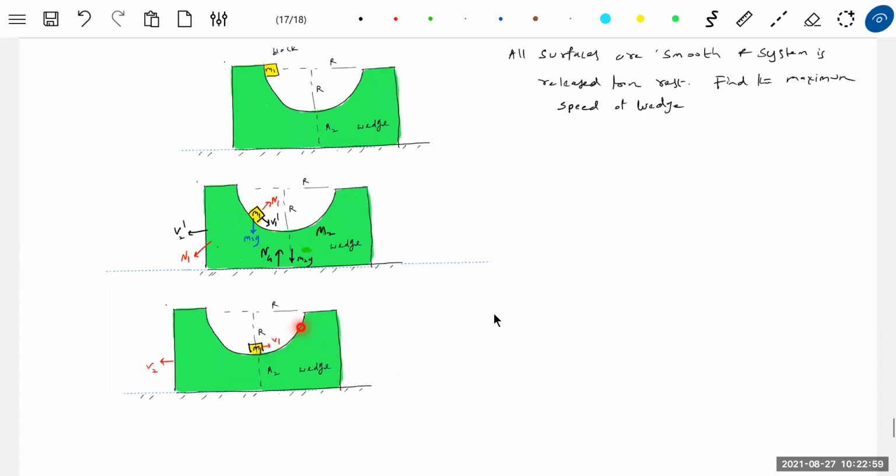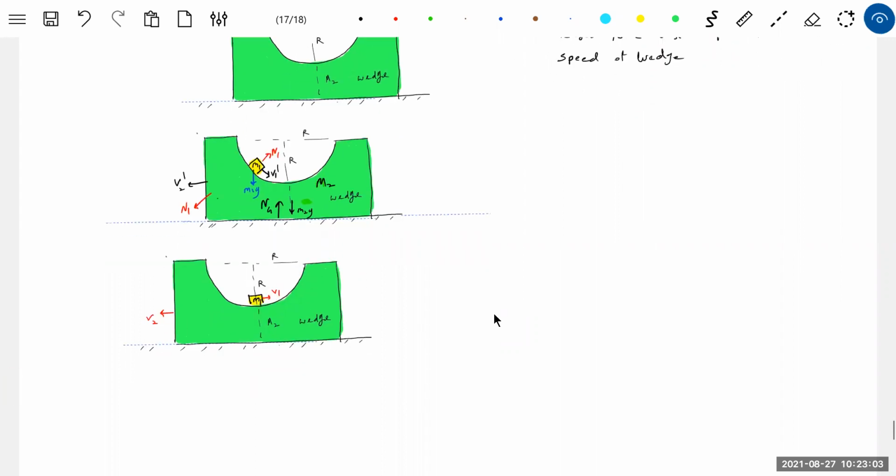As it starts moving up, what will happen to the velocity of the wedge? It reduces. It starts decreasing. And where will it come to rest? It will come to rest at the highest point. And what is the state of the wedge? The wedge will be at rest.